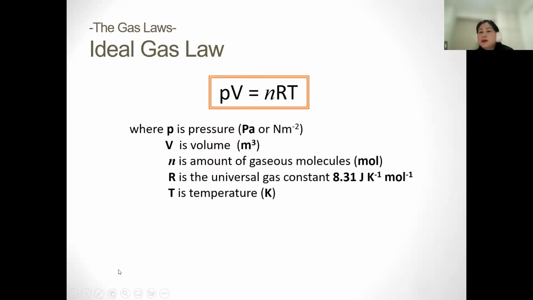Okay, so if we look at the R value over here, R is 8.31 joules per Kelvin per mole. All right. Now, whenever we are pressing this number 8.31 into our calculator, the units must follow what is given here. I repeat.